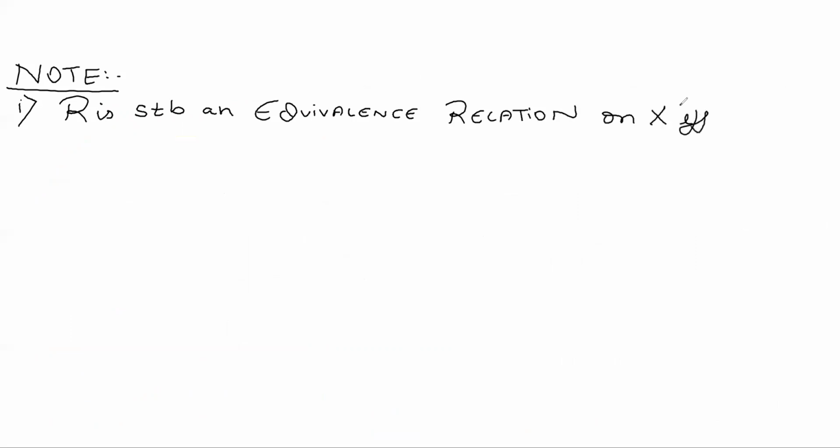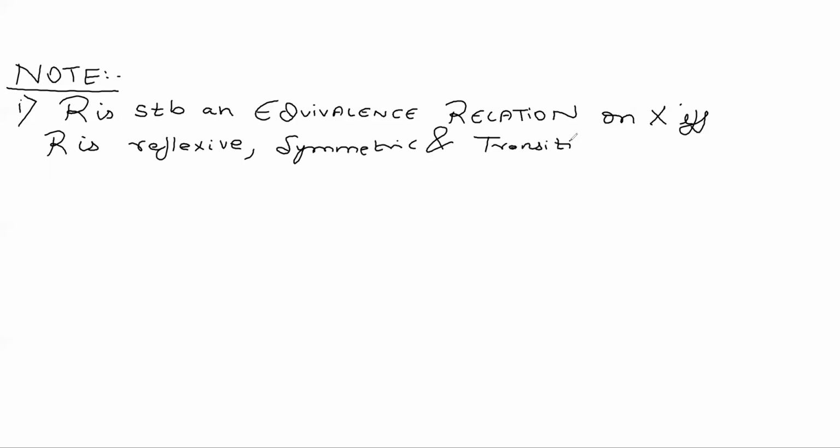R is said to be an equivalence relation on X if and only if R is reflexive, symmetric, and transitive. That means if the relation R satisfies all these three properties, it is an equivalence relation.